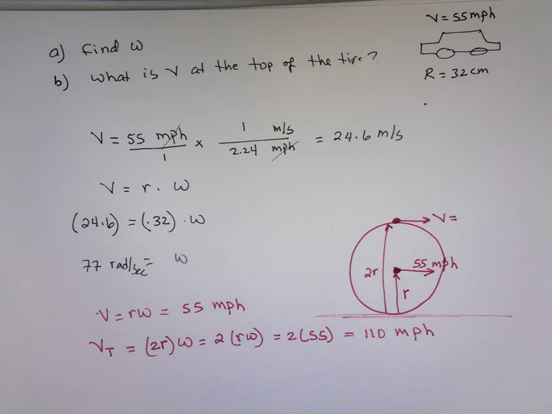So the top of the tire is actually moving at 110 miles per hour, where the center of the tire is moving at 55 miles per hour.